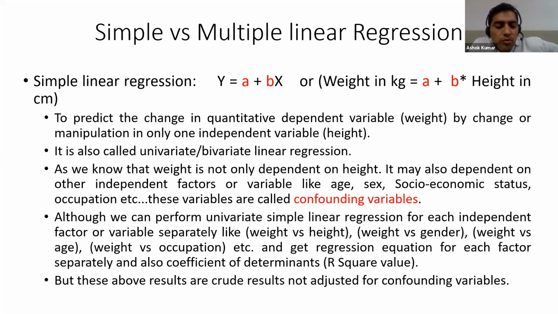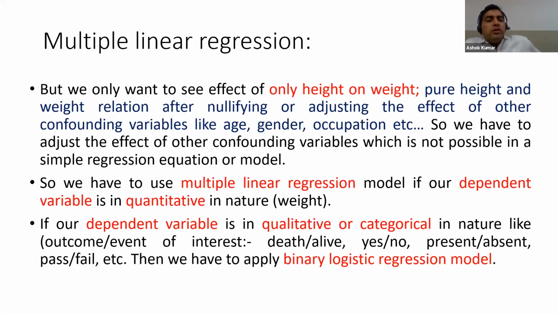But these results will be crude results, not adjusted for confounding variables. So we have to go for multiple linear regression in this situation. We only want to see the pure effect of height on weight after nullifying or adjusting the effect of other confounding variables like age, gender, occupation, etc.